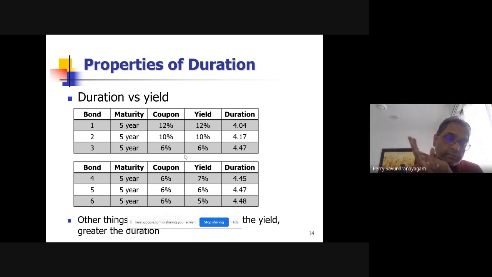The duration would be 5 years, entire 5 years. 5 years for all of them, because ultimately this is only happening because you're getting paid the coupon every year. And you're getting paid a higher coupon for this and lower coupon for this. Duration for this is lower, duration for this is higher.